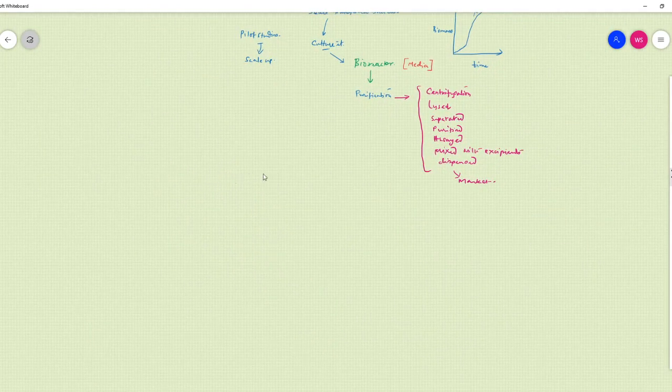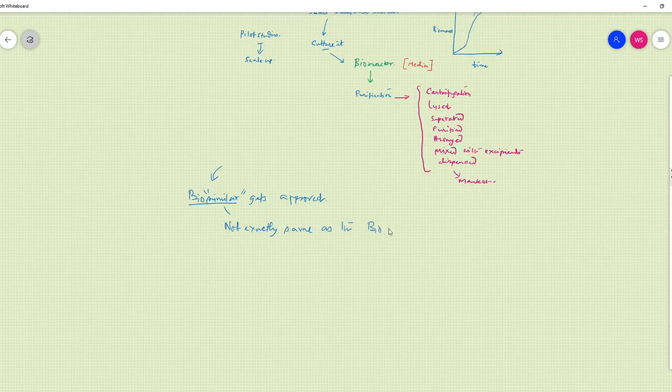Which brings us to two terms. So after all this, let's say the biosimilar gets approved. From the definition, biosimilar means it is similar, not exactly the same as the bio-innovator molecule.